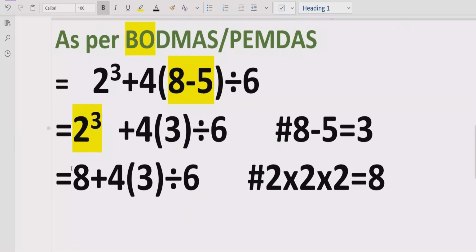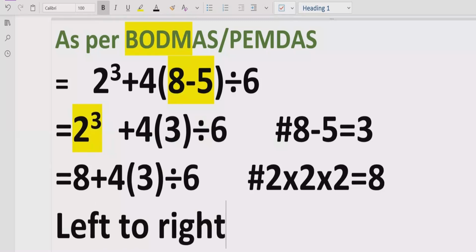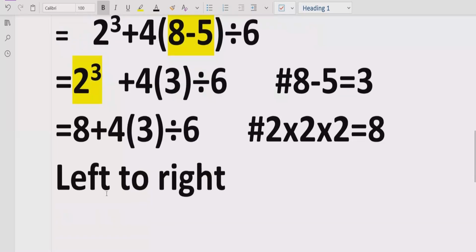Now, move forward. We have solved the bracket and also the exponent part. Now step number 3, division and multiplication. We can solve division and multiplication simultaneously because both have similar precedence. So we will go left to right in our expression and find out which is coming first.